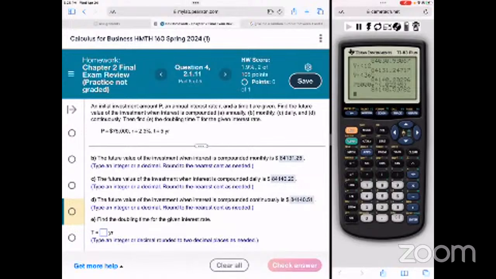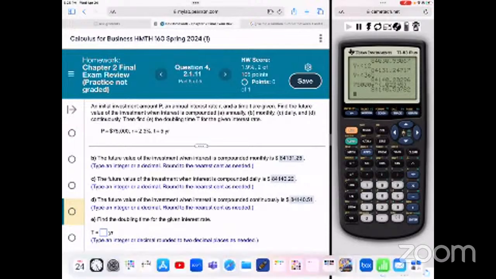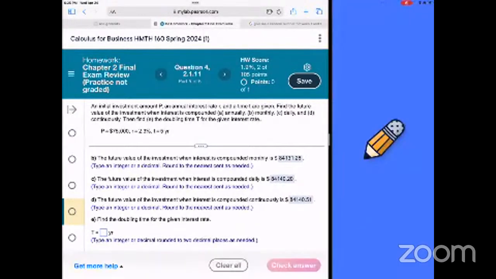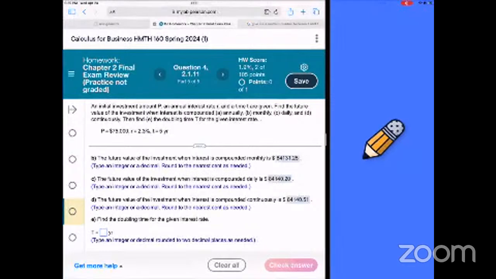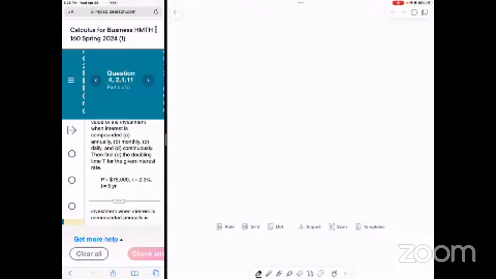I'll open up my notes. Okay. And so again, here it is. This comes from section 2.1, question 11. This is part E, the doubling time.